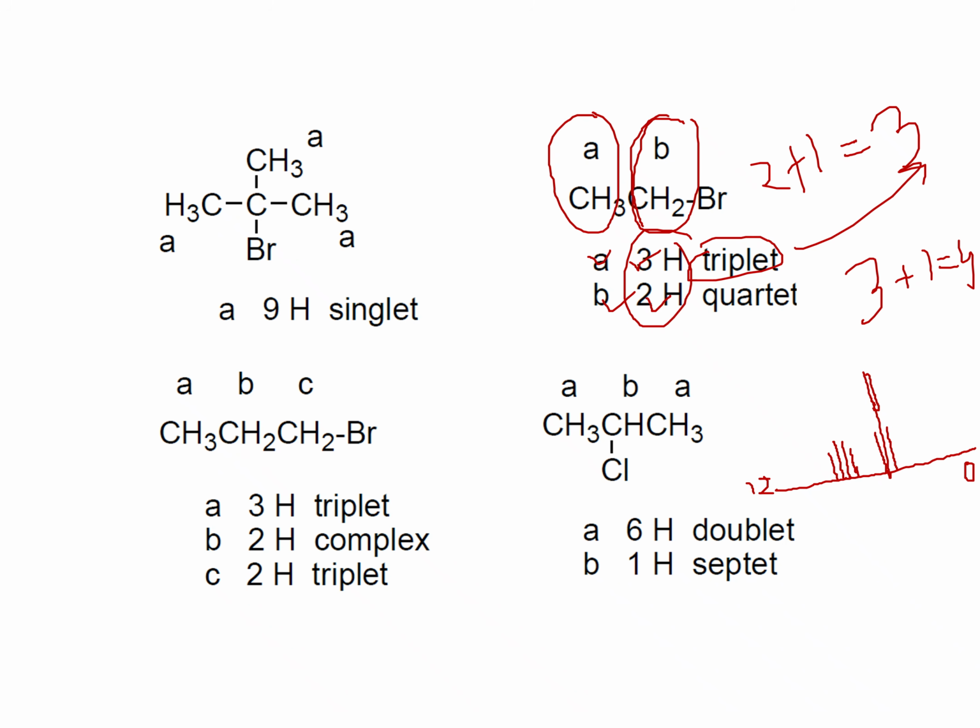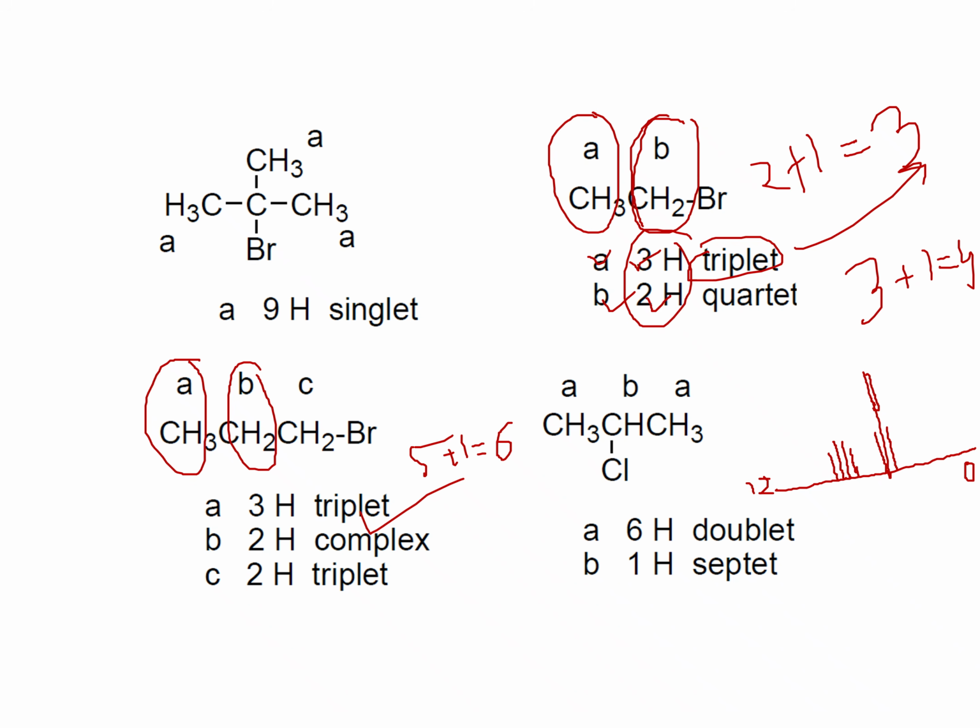You can also understand this, for example for A. How many nearby carbon's hydrogen does it have? 2 plus 1 is equal to 3, triplet. Okay, no problem. For B, it has two corresponding carbons' hydrogen. One is CH3 and another is CH2. So 3 plus 2 is equal to 5, and 5 plus 1 by the n+1 rule would be 6. That means that would be a 6-let.